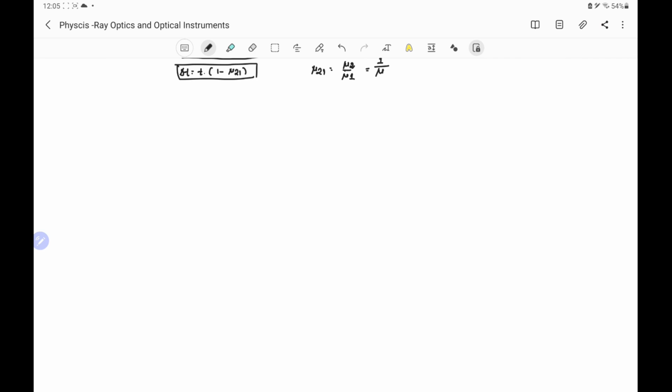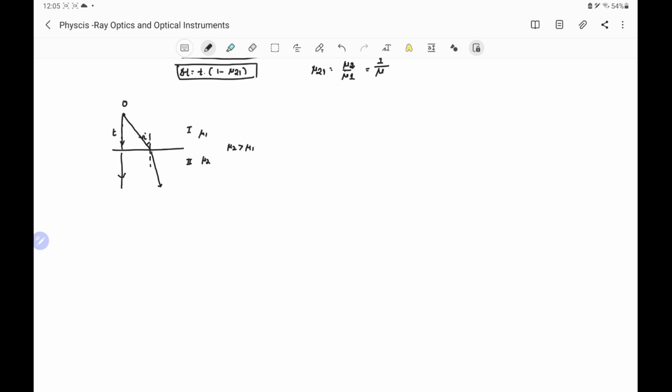In case the ray travels from the rarer medium to the denser medium, for example, object O is at a distance t and a ray travels normally to the surface, so it passes undeviated. Another ray is incident at an angle of incidence I, so it gets refracted and bent towards the normal if mu1 and mu2 are the refractive indices such that mu2 is greater than mu1.